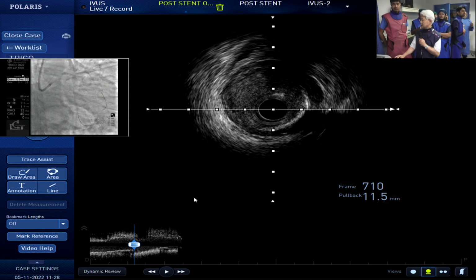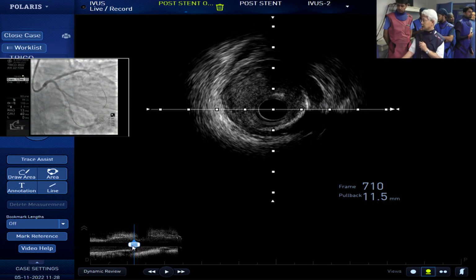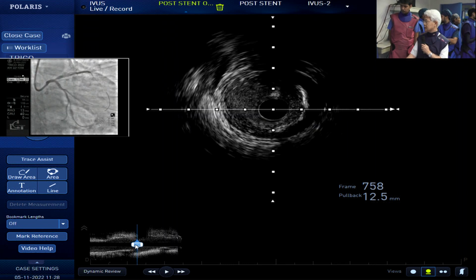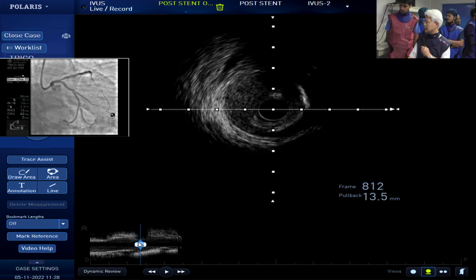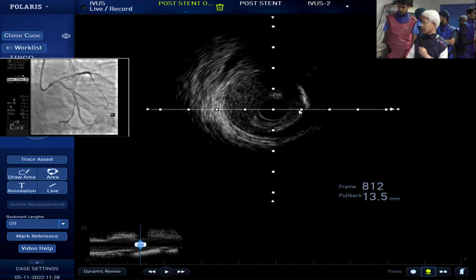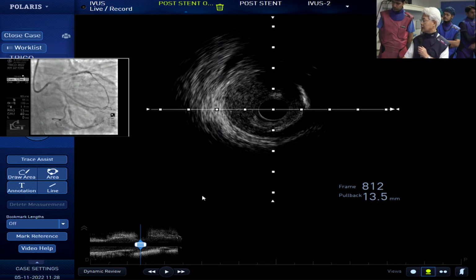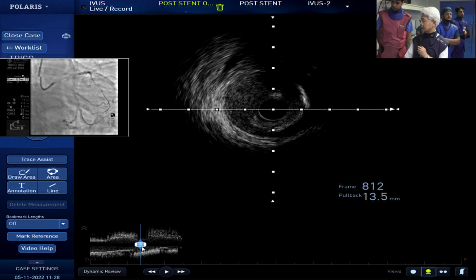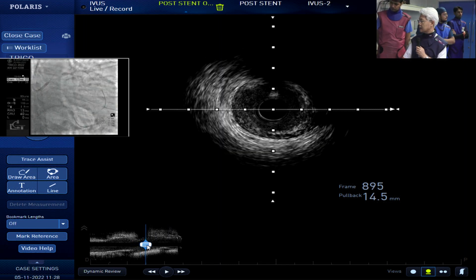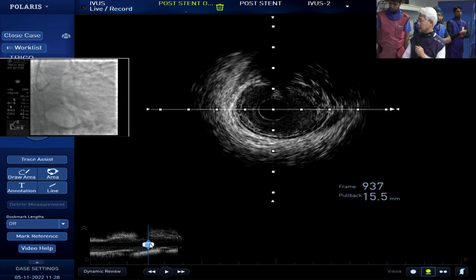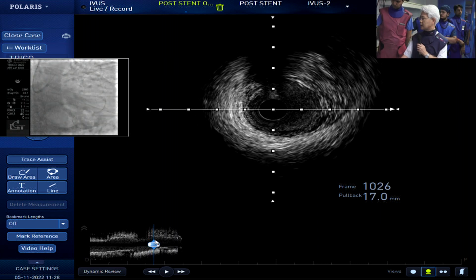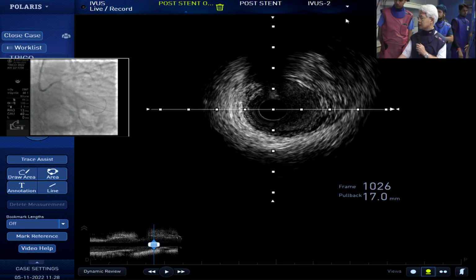That is the reason for the angiographic findings. And here we already have calcium, and still some hematoma. It's huge.